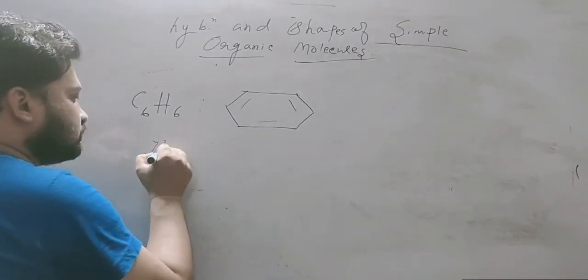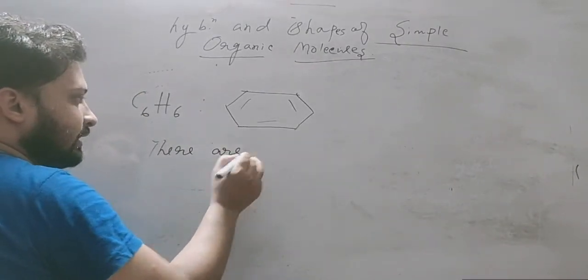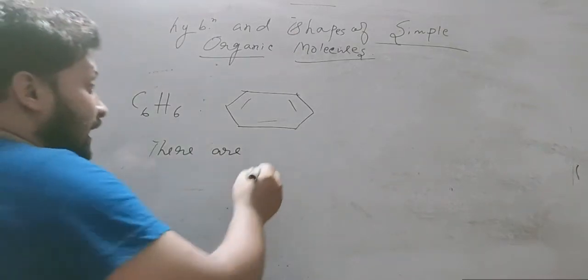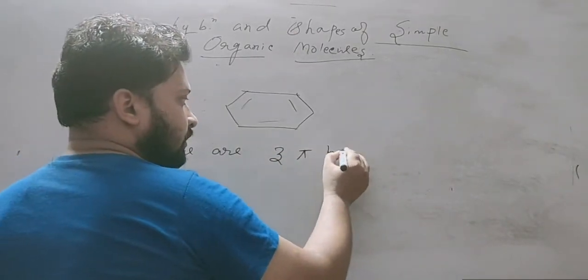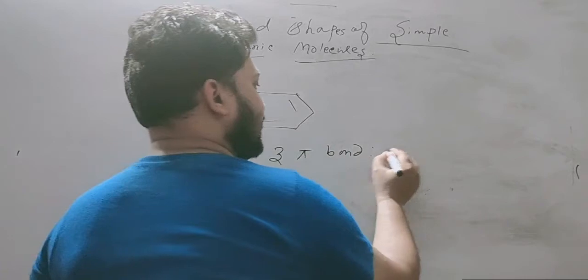There are 3 pi bonds, that means 6 pi electrons.